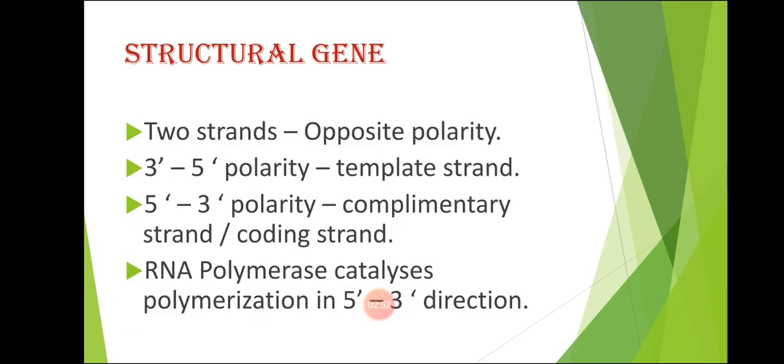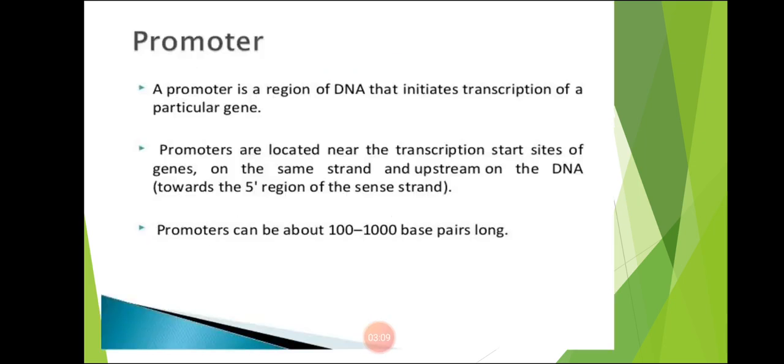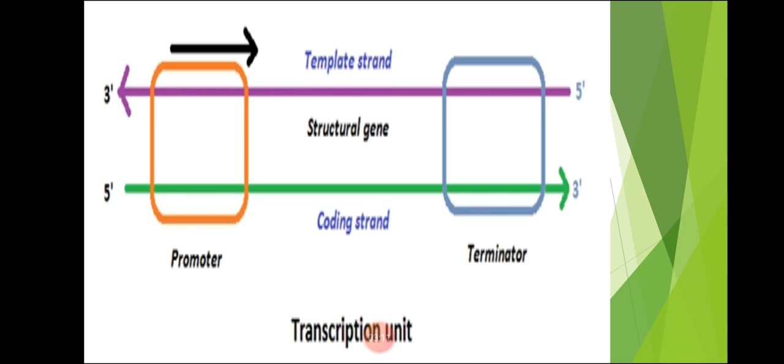Next, what do you mean by structural gene? The two strands of the DNA show opposite polarity. Polarity means direction. In this diagram, the strand that runs in 3' to 5' direction and the other strand that runs in 5' to 3' direction show opposite polarity.